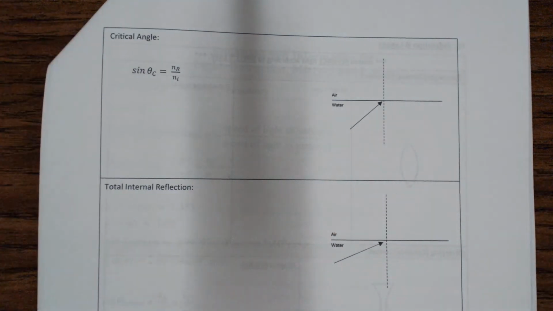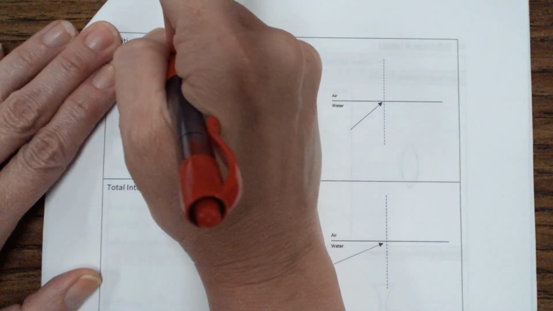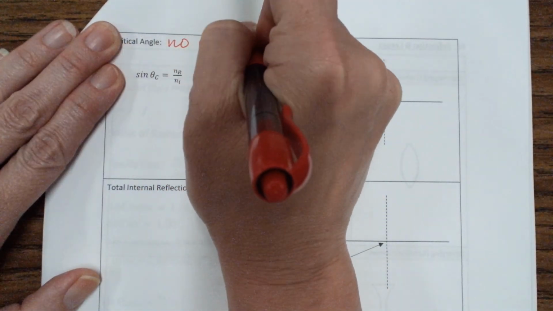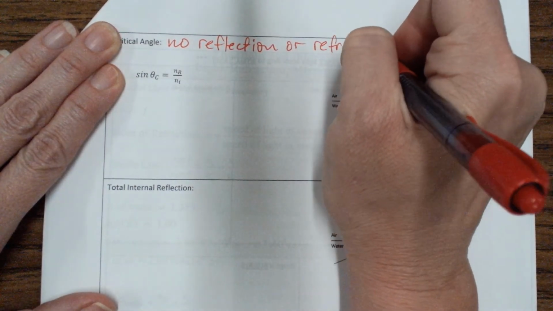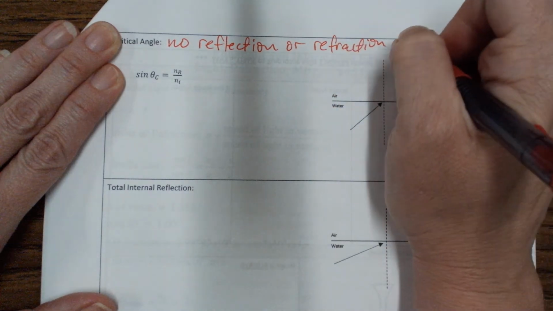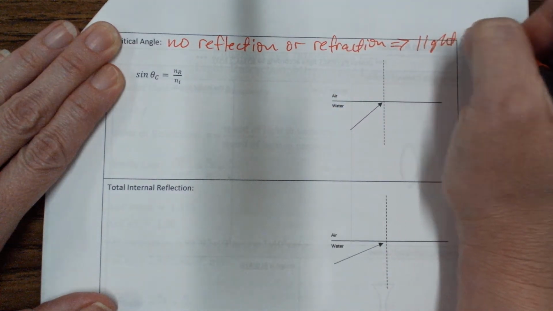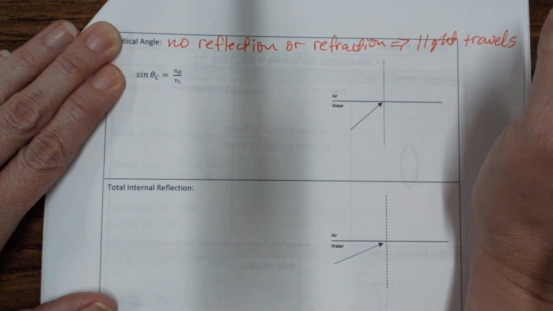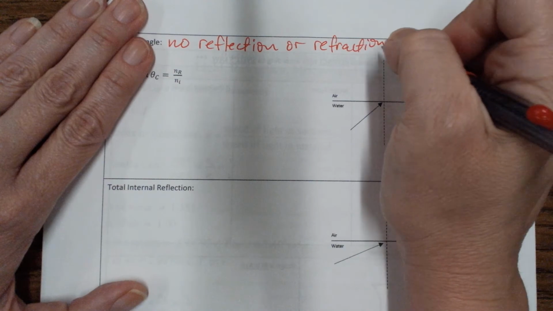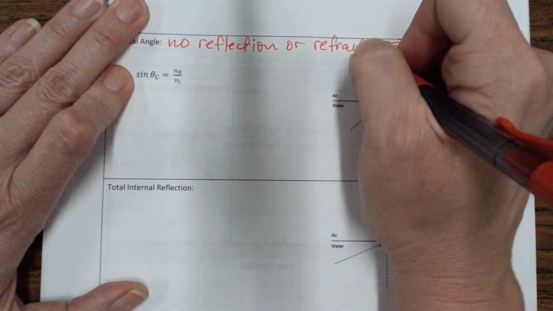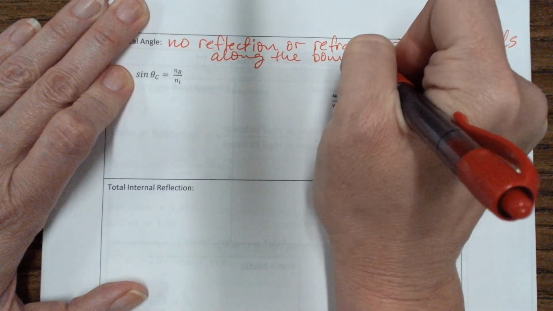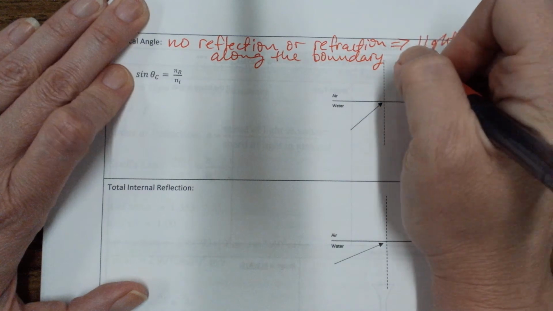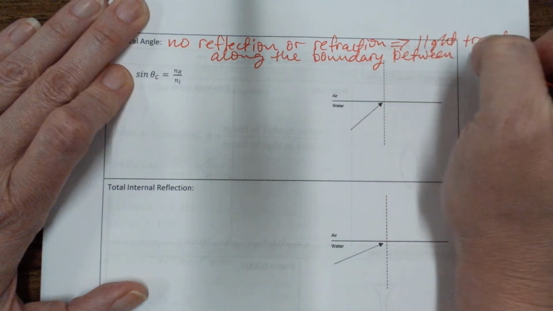This is where there's no reflection or refraction at a critical angle, because light travels along the boundary between the mediums.